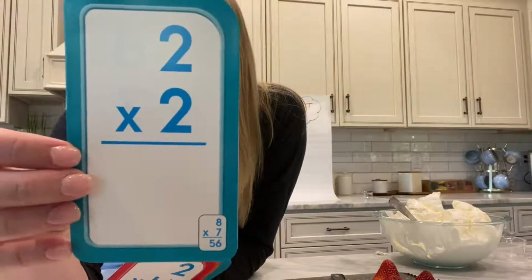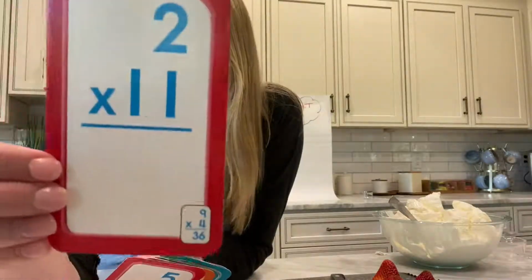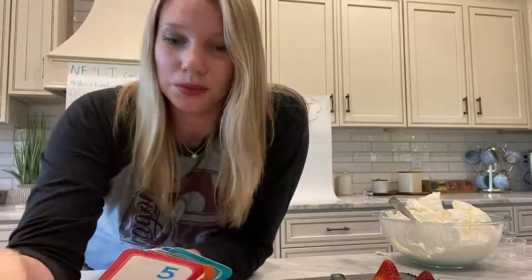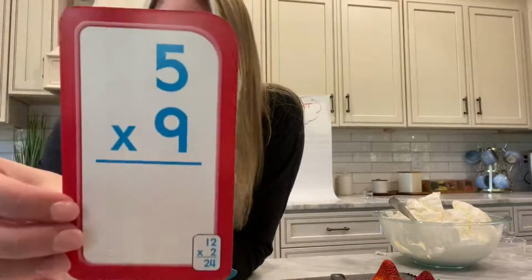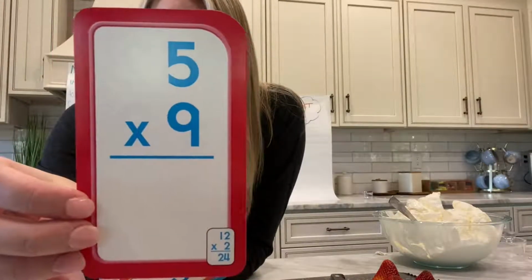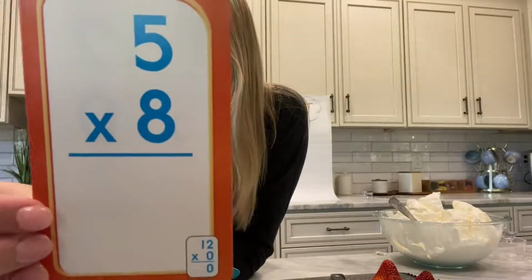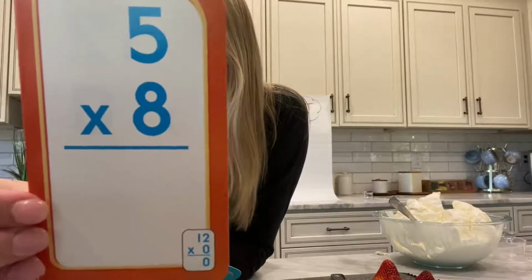2 times 2 is, you guessed it, 4. 2 times 11 is 22. 5 times 9 is 45. 5 times 8 is, good job, 40.